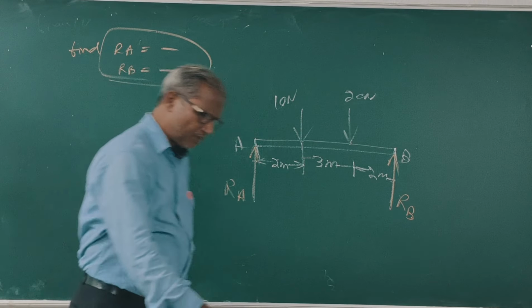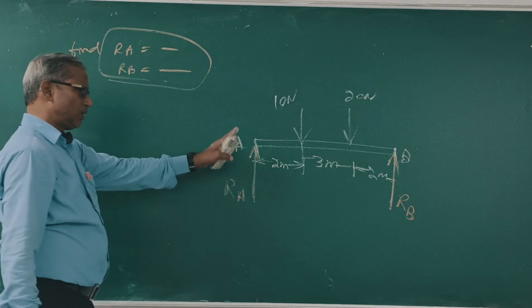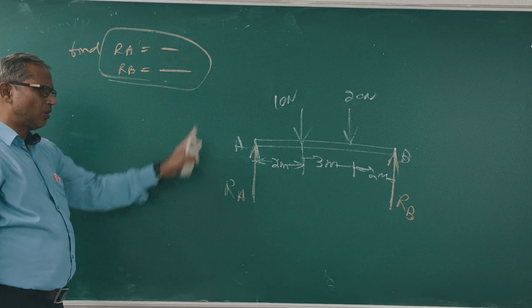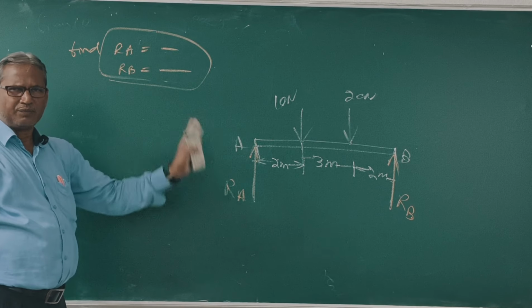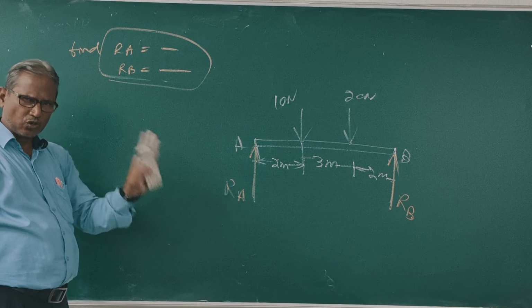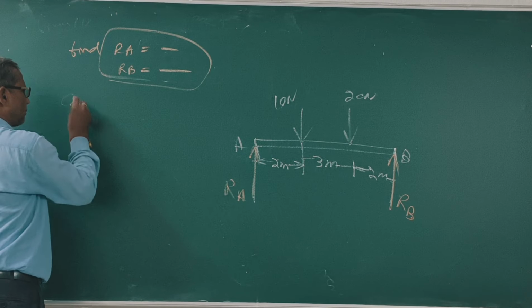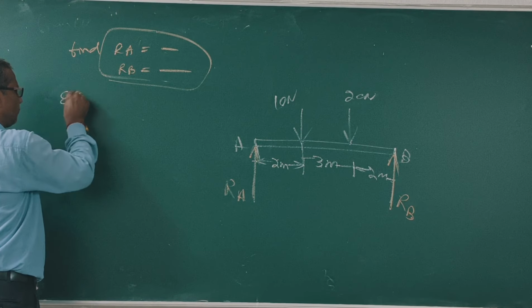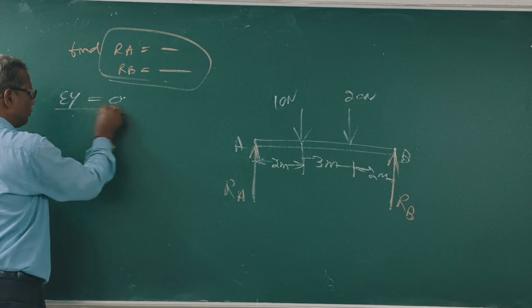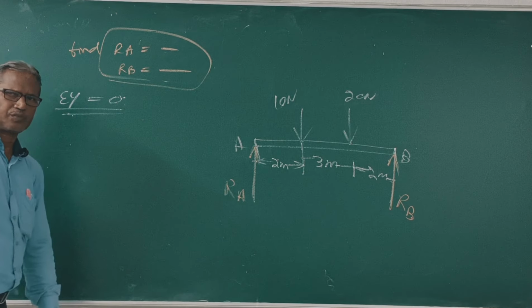Clear? Now in this figure, all are y components. There is no x component. So first we will do summation Fy is 0. Clear?